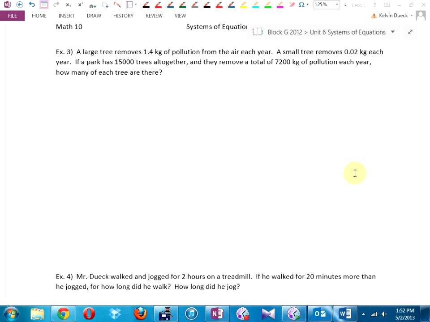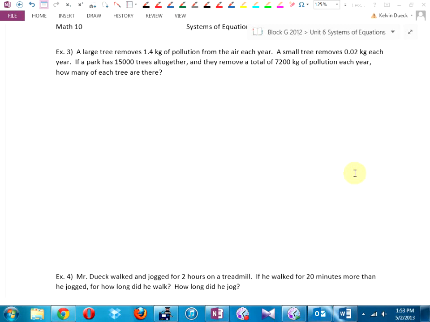Okay. What are they asking me to find? How many of each tree are there? Okay. What should we let our variables be? X and Y, large tree. By the way, you could go L for large tree and S for small tree. Have I told you why I hate using S as a variable? Looks like a 5, and is there not plenty of room to make dumb mistakes in this already?